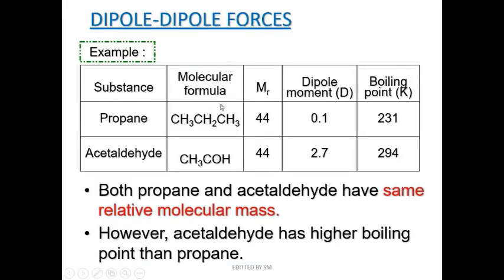Okay, in this figure, we have an example of propane and acetaldehyde. As you can see, both propane and acetaldehyde have the same relative molecular mass. But acetaldehyde has a higher boiling point than propane.